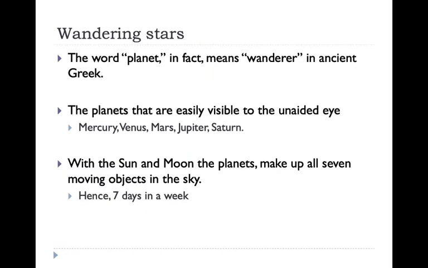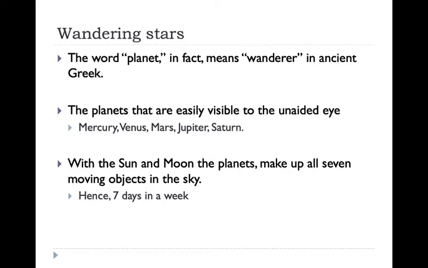Wandering stars. So as we looked at the night sky, we noticed that some of the objects there moved a little bit faster than others. So planets, since they're closer, tend to move through the night sky a bit faster. And so initially they were given the word wandering stars, so wanderer, and that's a Greek word for planet.